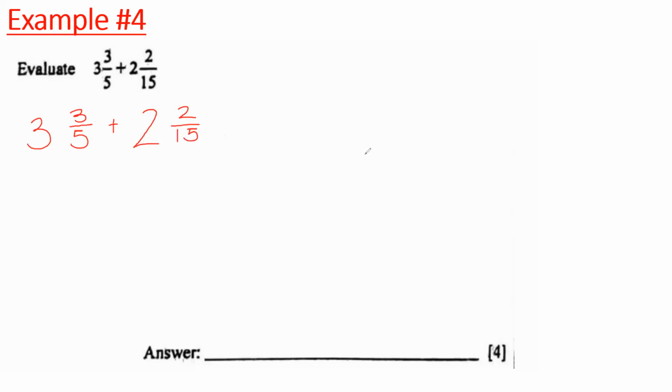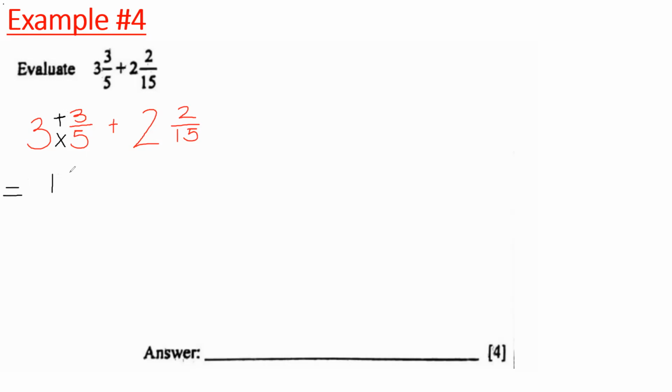What's the first thing we're gonna do in order to get our answer for this one? We don't want to find the LCM yet. We change them into improper fractions first. We have 3 times 5, which is 15. 15 plus 3 is 18.